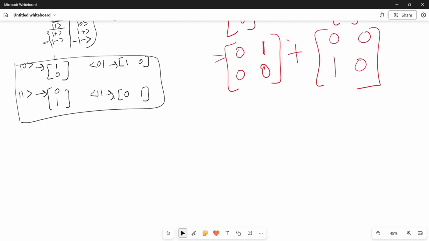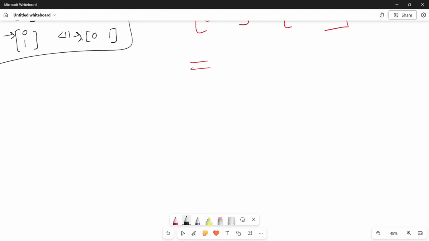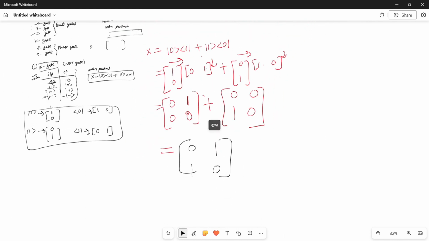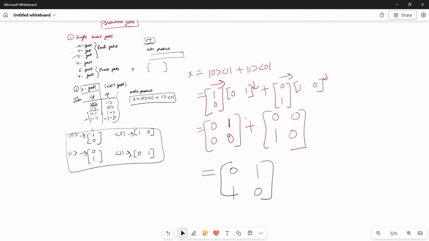And when I add these two, the final product I get is 0 0 1 1 0. So this is what our matrix would look like. Okay, this is your basic derivation.